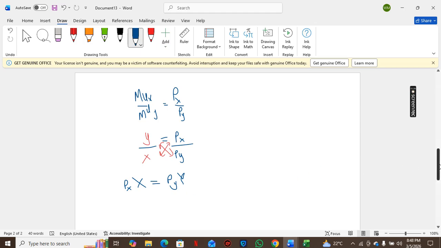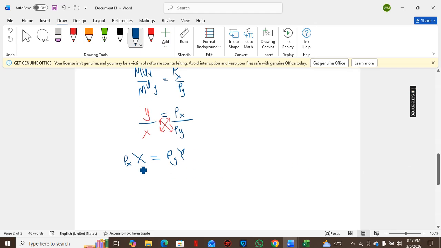If you want to make x the subject of the formula, you divide both sides by PX, so you have PY y over PX. Colleagues, I used this expression here to get this value of x. Divide both sides by PX so that you get the value of x.